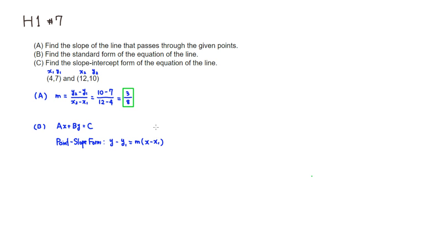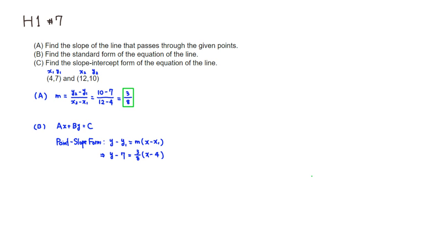So y minus y1, which is 7, is equal to the slope from part A, 3/8, times x minus x1, where x1 is 4. So we have that, and we have to rewrite it in standard form.